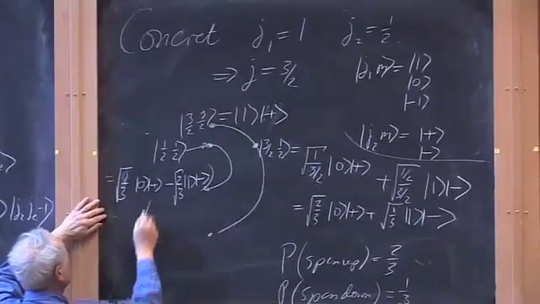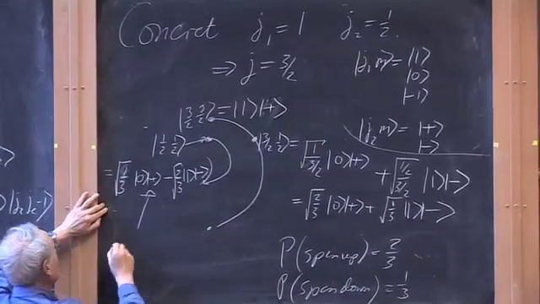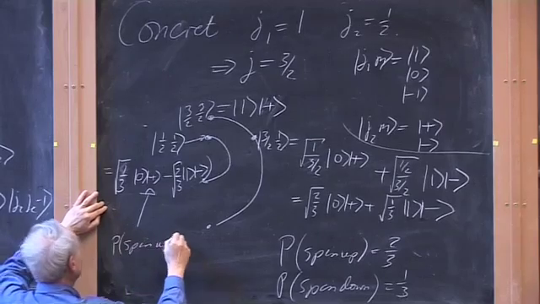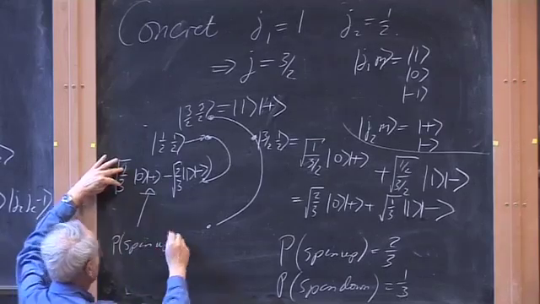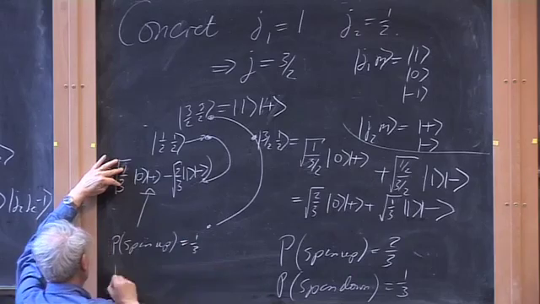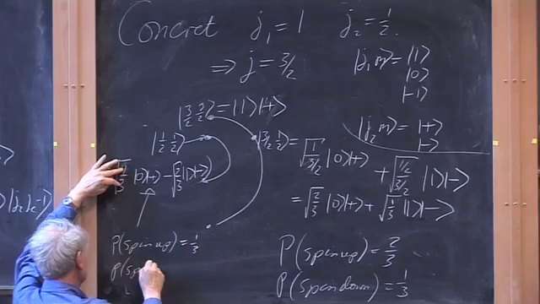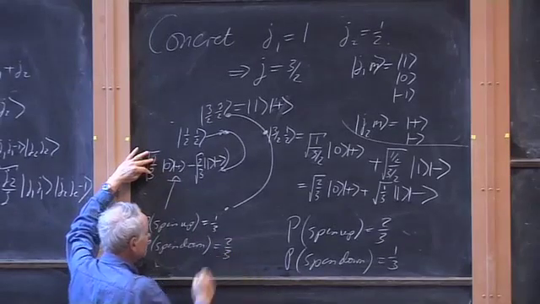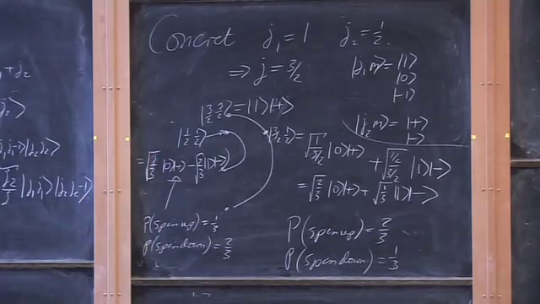In this state, which has less angular momentum in total, the probability of spin up is this thing squared, i.e. 1/3, and the probability of spin down is 2/3. So that's the physical implication of this.